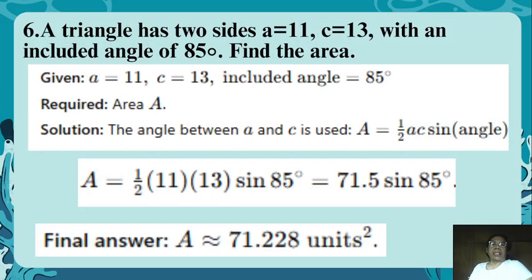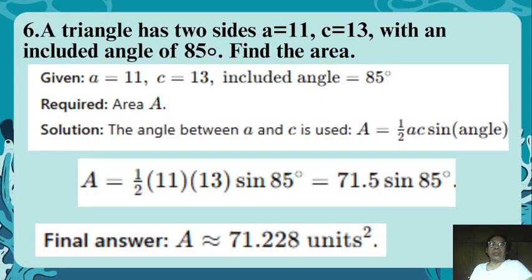Number 6, a triangle has two sides, side a 11, side c 13, with an included angle of 85, which is angle B. Find the area. So we're given a is 11, side c is 13, included angle 85. We are required to determine the area.